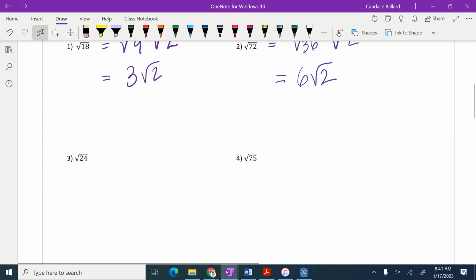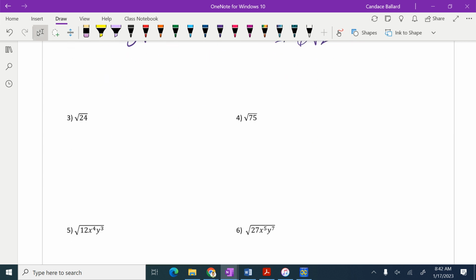Okay, I want you to take like 2 minutes and try 3 and 4. So everybody's going to try number 3 and number 4 on your own. See if you can get those simplified. Remember, you're looking for the biggest square number. It's okay to use the signs on either side of the room. Make sure you're trying it.